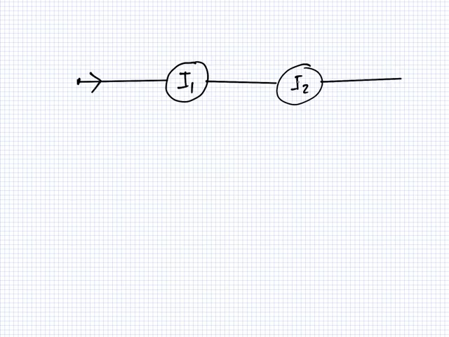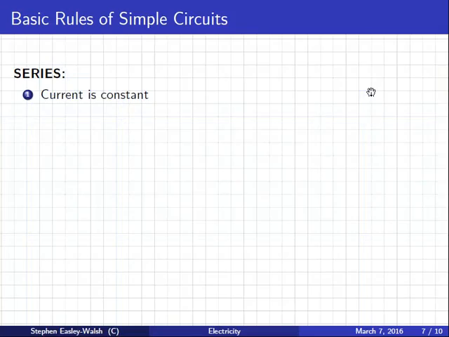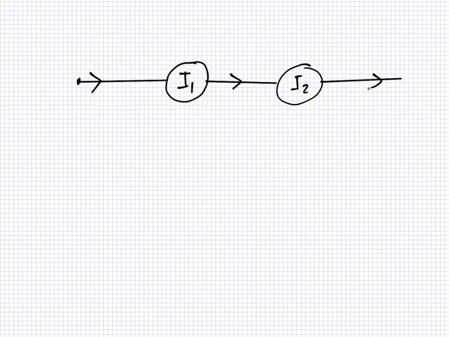We'll say there's a current flowing through it like this. First rule: current is constant in series. I1 equals I2. These two should have the same reading.